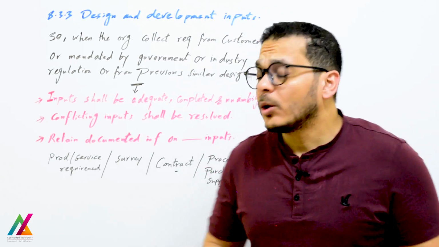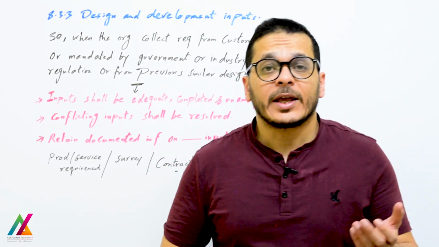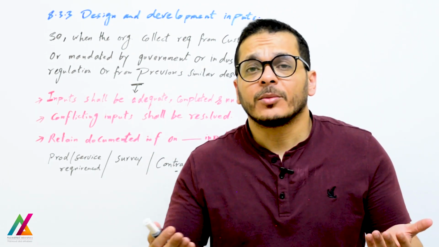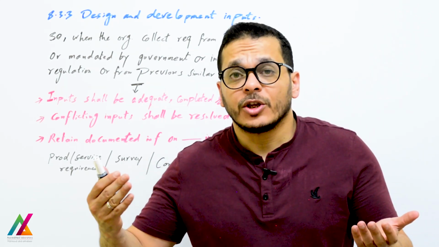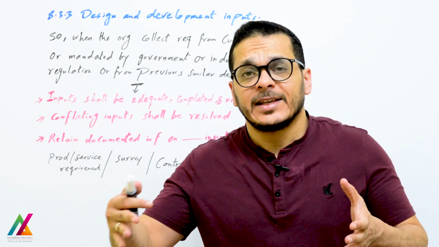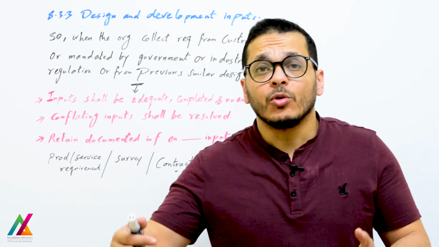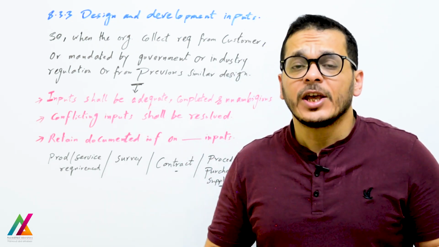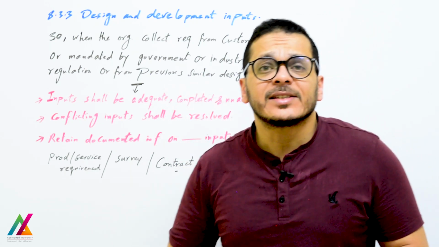So finally, when the organization collects requirements from the customer or mandated by the government or industry regulations, if there is any requirement from the customer against the law, that shall be removed from the requirements, from the inputs, and also from previous similar design.